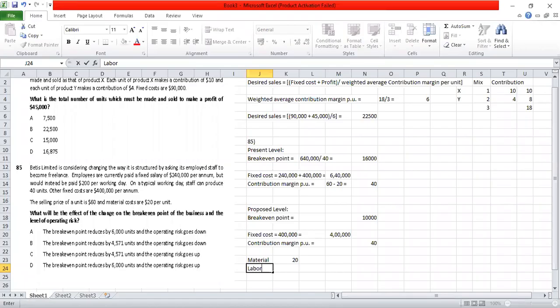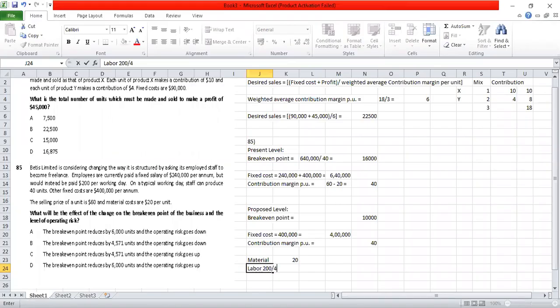How do we arrive at labor cost per unit? On a typical working day, they can produce 40 units. So what is cost per unit? 5.